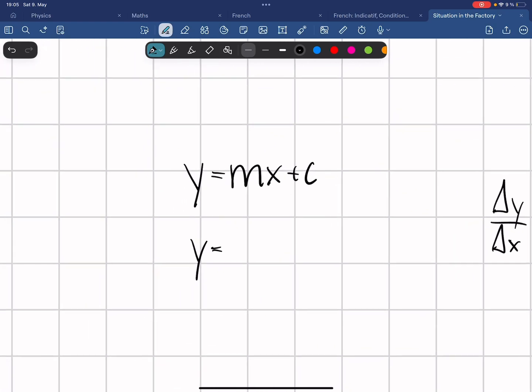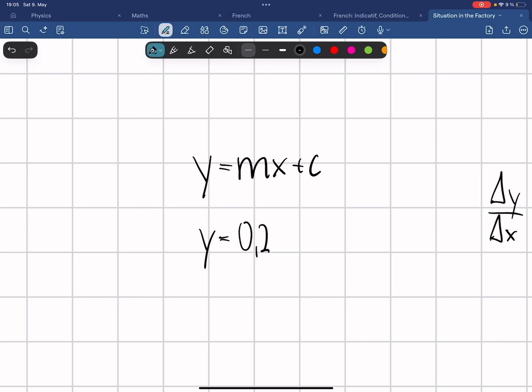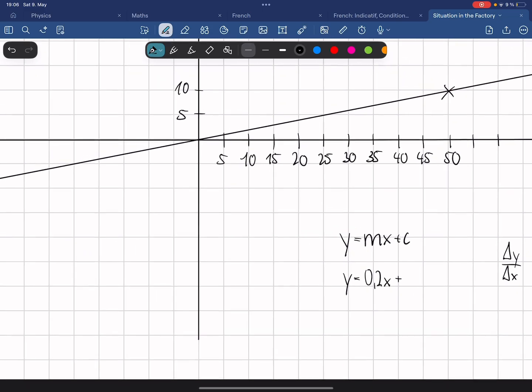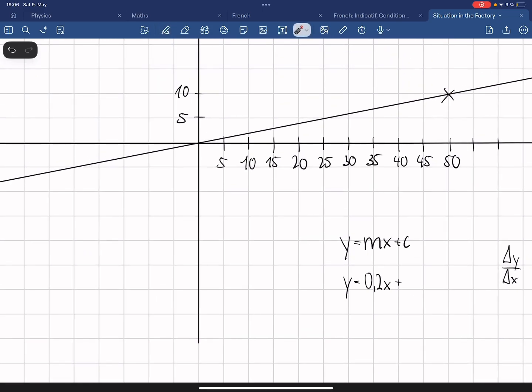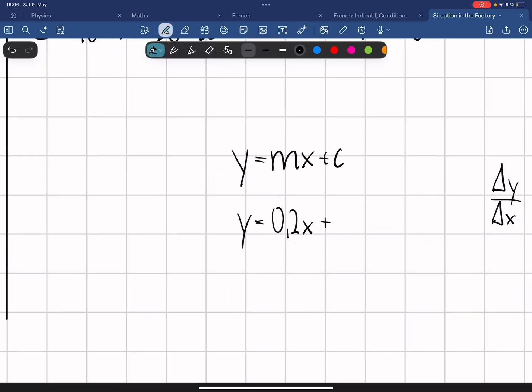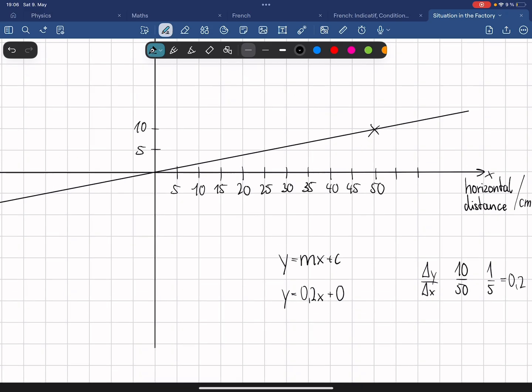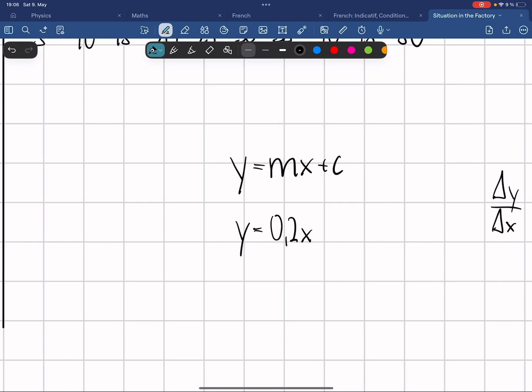So our gradient is going to be 0.2. Now we can write the x, and for our y-intercept, we can see that it's going through the point 0, or the origin of the graph. So we will basically write a 0, but you don't have to write that 0 because adding a 0 doesn't change anything. So if the graph goes through the origin, as it does in our example, you can just leave out the 0, and then our linear function would basically be y equals 0.2x.